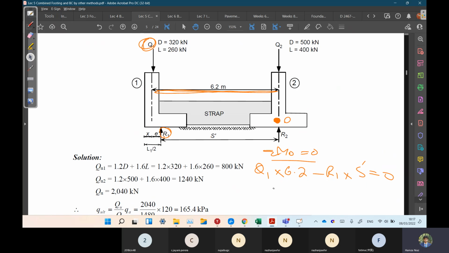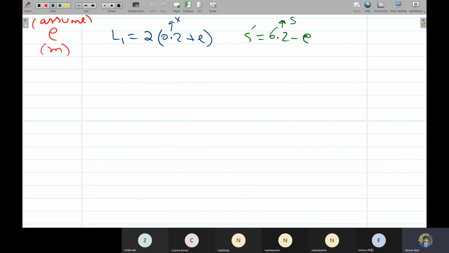So the value for R1 is Q1 into 6.2, that is the spacing, over S bar. This is the resultant at the first column. So for this R1 value, we require this S bar, so we are calculating this S bar value for R1.